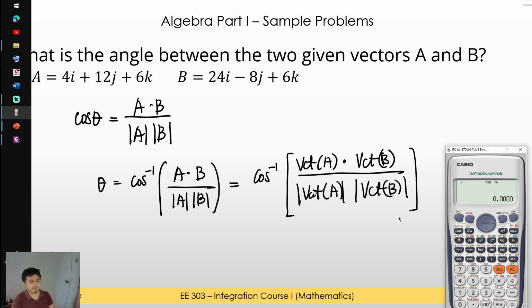Sorry, I think we have to input first the inverse cosine. So shift cosine, and then I guess we can use the parentheses first.